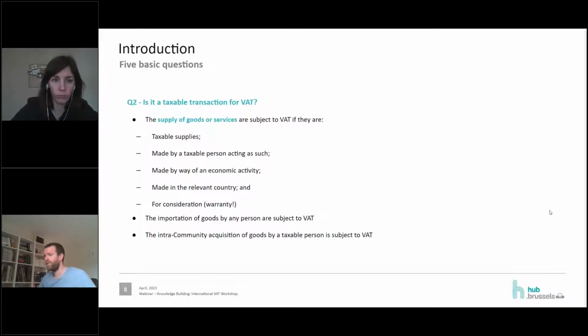Again, here for intracommunity acquisition, I'm not going to go into too much detail for the security net because we have a whole section related to that, which we will go further into in detail, and which tackles all the aspects related to the proof of the exemption and the documentary requirements that you need to have in order to apply the exemption for intracommunity supply of goods. And I'm saying exemption, but it's not that it's an exempt transaction.